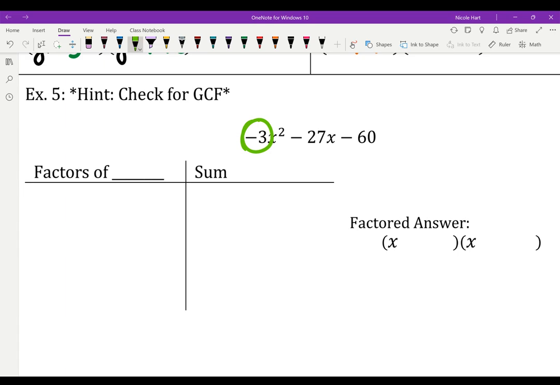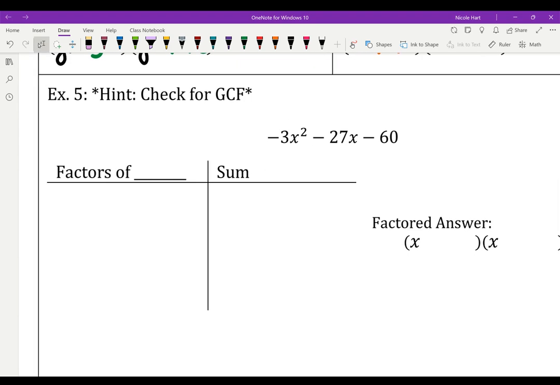So we have to figure out what to do with that leading coefficient. We're going to have to factor that out, because when we factor in standard form, we want our a, or the first number, to be a positive 1. So I am going to have to divide out, or factor out, that negative 3. So I'm going to take a negative 3 and factor it out. That means I'm going to divide everything by negative 3.